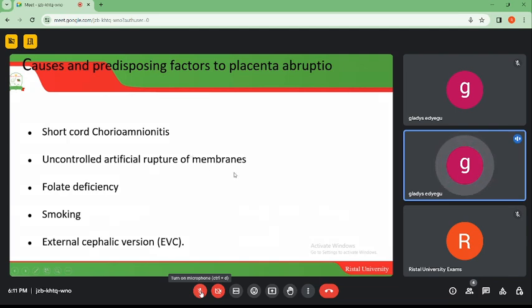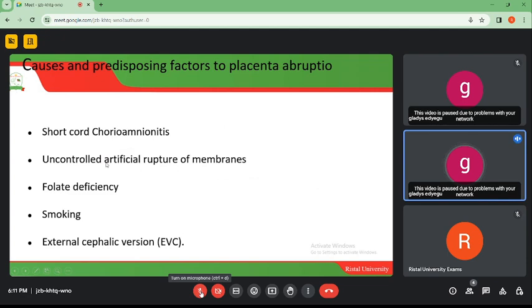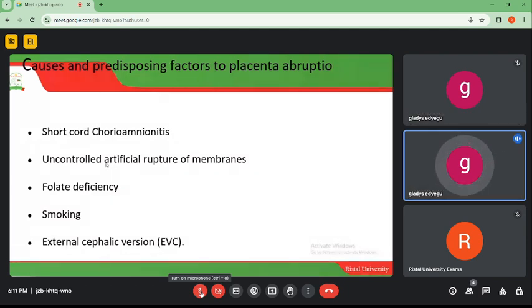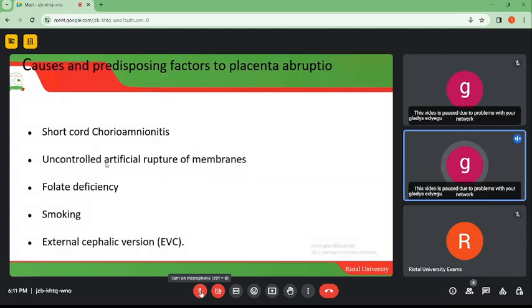Then uncontrolled artificial rupture of membranes. When you're rupturing membranes, as I mentioned with polyhydramnios, we need to make sure that there is no high force that comes with the flow of the liquor, because it can easily enter and separate the placenta.